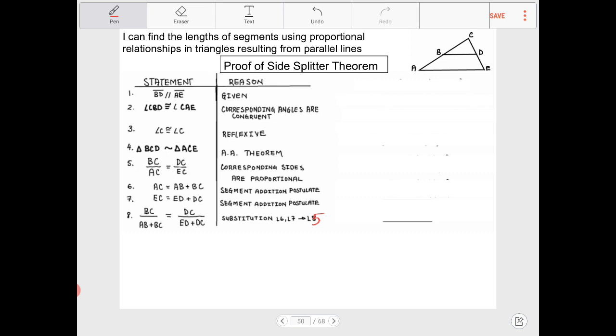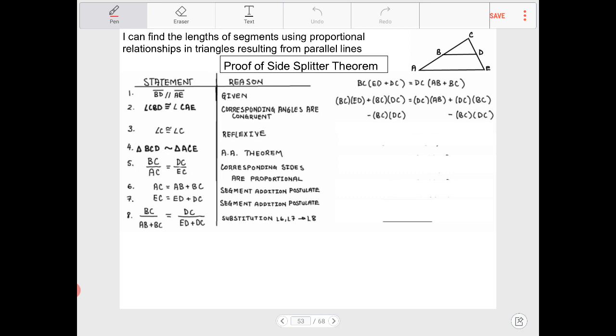so once I get to this point, I'm going to do a little bit of mathematics on the side. So I'm going to cross multiply over here, and when I cross multiply and distribute BC and DC into the respective parentheses, you're going to notice that we have BC times DC on both sides of the equation.